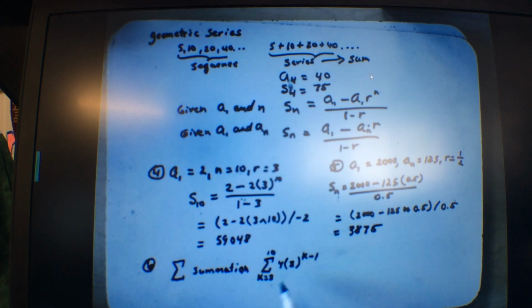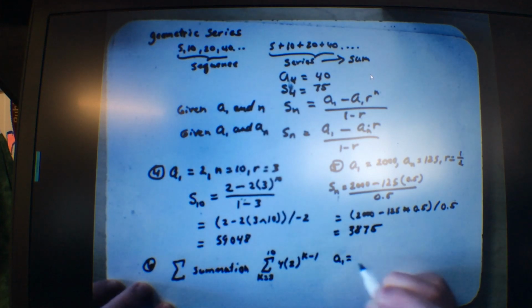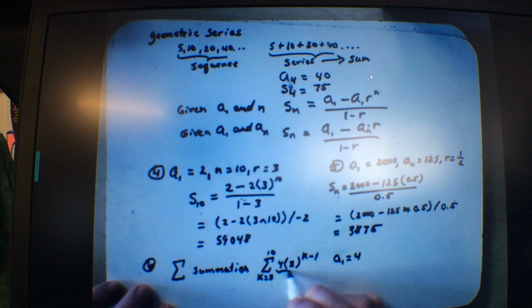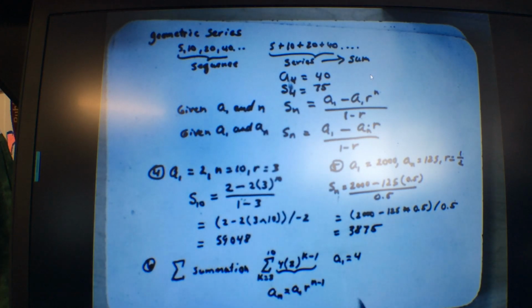All right. So if I want to find the summation, it's just like a series, only it starts in a different place and it ends in a different place. Okay? So in this case, I know that a sub 1 is, help me out, what's a sub 1? It is 4. Look at this formula. This formula is in the form of a sub n equals a sub 1 r to the n minus 1, right?